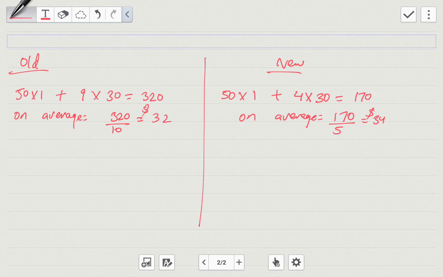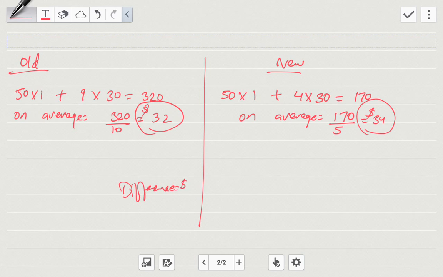So an average person in the old paradigm spends on average $32 per day, right? An average person in the new paradigm on average spends $34. So the difference is $2, right?